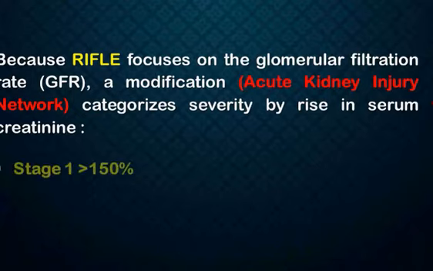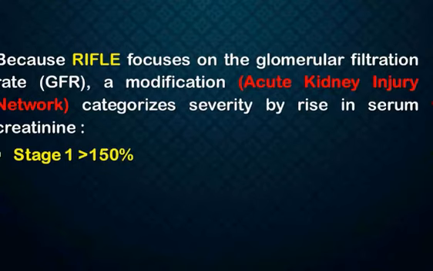So they said, we can say this stage of acute kidney injury is stage 1 if there is a 150% increase of the serum creatinine. This means a 1.5-fold increase of the normal baseline serum creatinine.